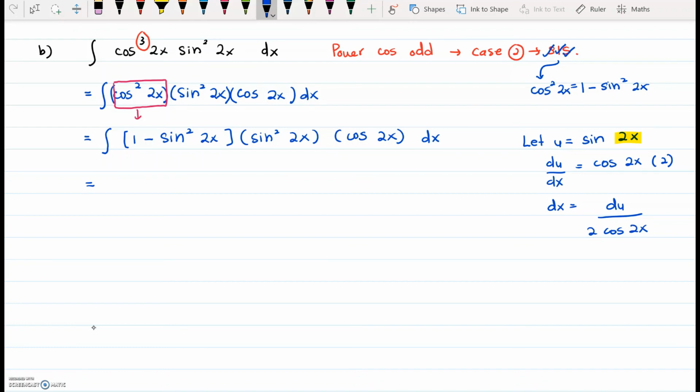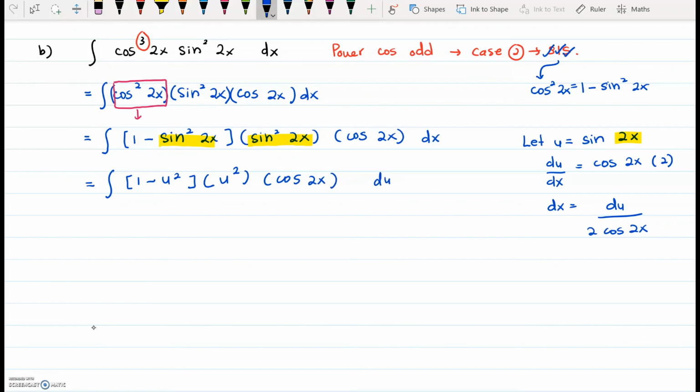Alright, now let's continue. Next we have the integration of, so where is your sine? Here we have the sine of 2x. Now it will be the integration of 1 minus u square, times u square, and then we have cos 2x, and don't forget to substitute your dx.